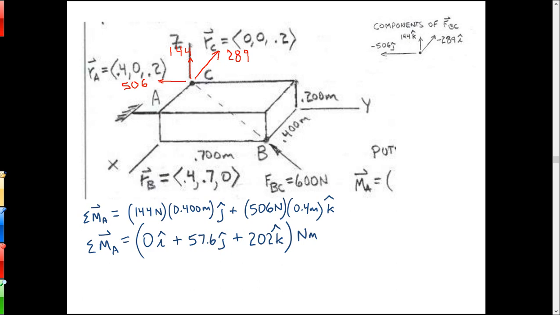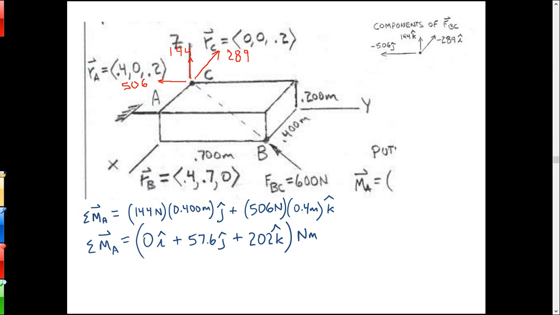I'm sorry. What does the 289 do? It's pulling directly away from A, so it's not happening. Yeah, right. If here's A, my hand, and I'm pulling on this rod, I'm not making it rotate, I'm just pulling on it, okay?